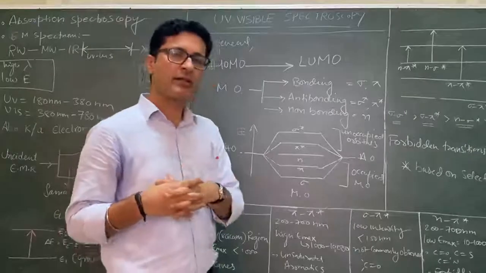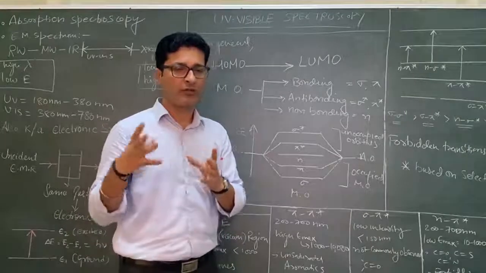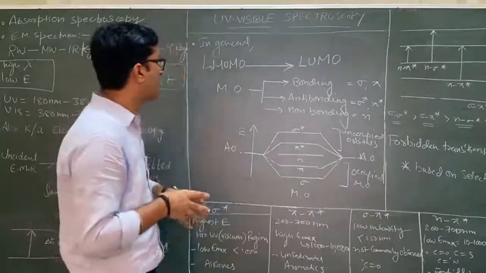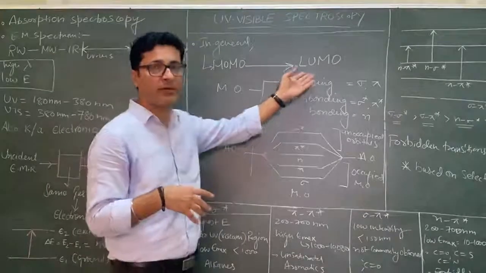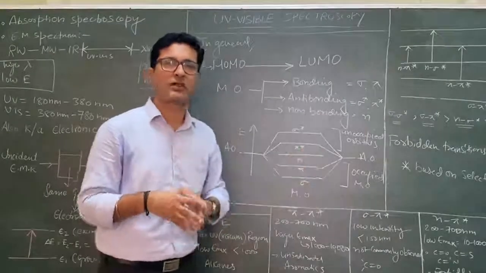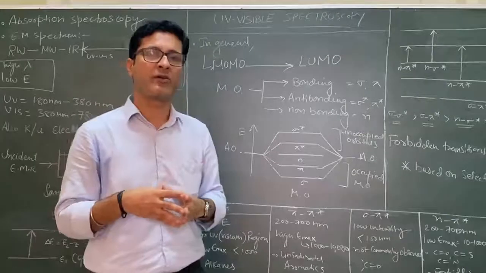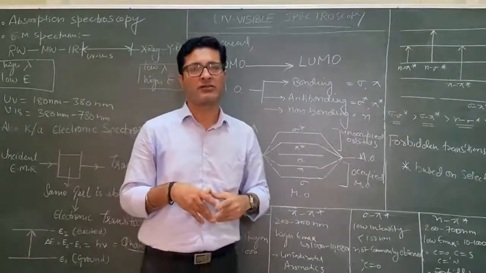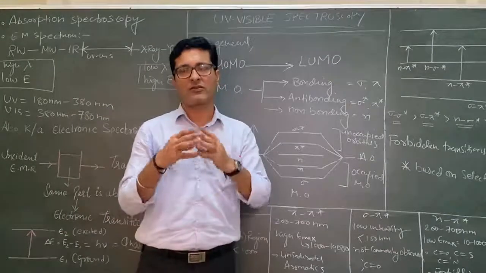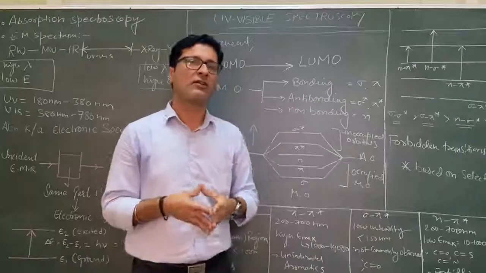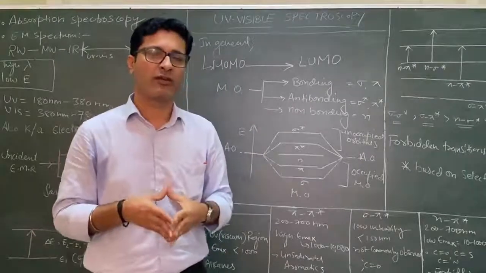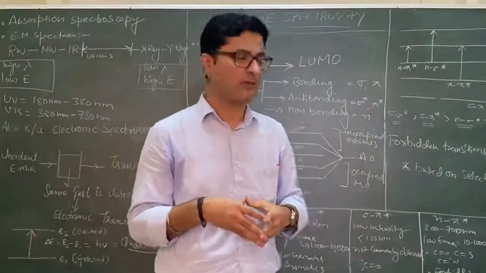As we discussed earlier in the molecular orbital theory, you must have studied that molecular orbitals are mainly of three types: bonding, anti-bonding and non-bonding orbitals. The electrons present in such orbitals are called bonding electrons, anti-bonding electrons and non-bonding electrons.